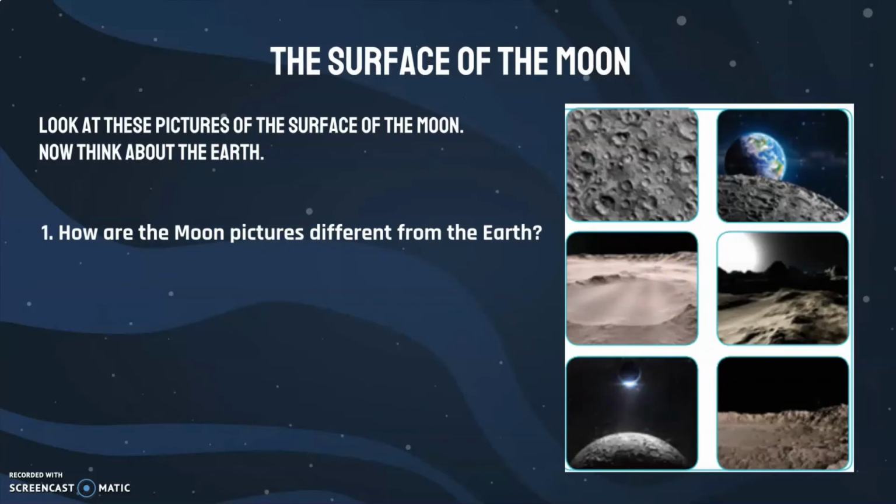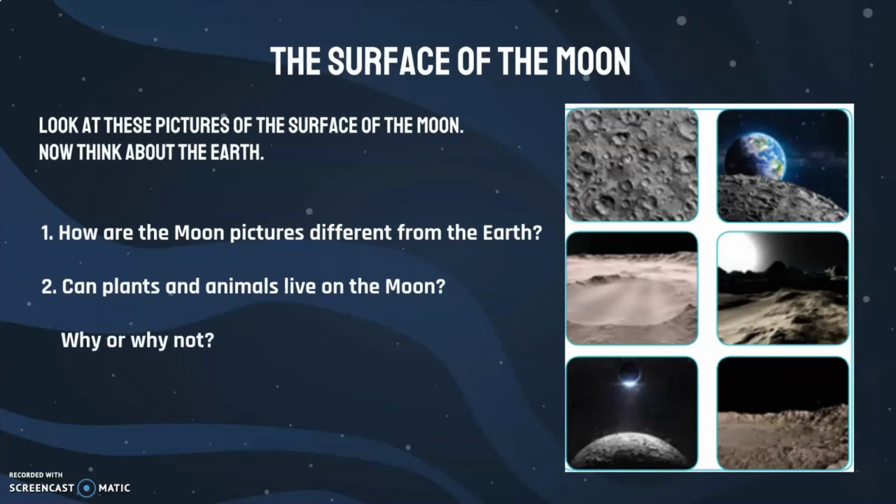I have a question. How are the moon pictures different from the earth? And then, can plants and animals live on the moon? Why or why not? Okay, I have this answer.